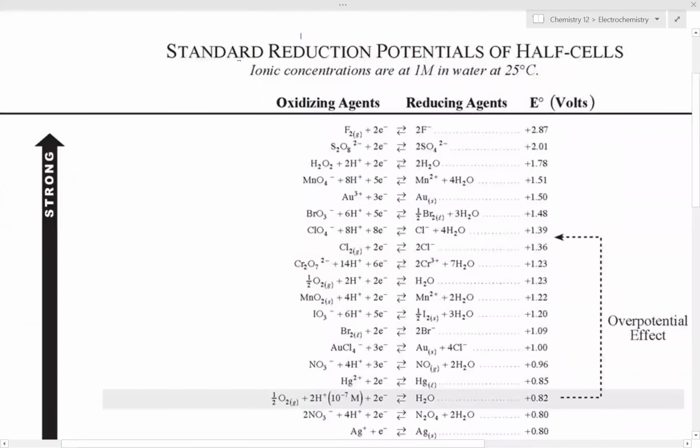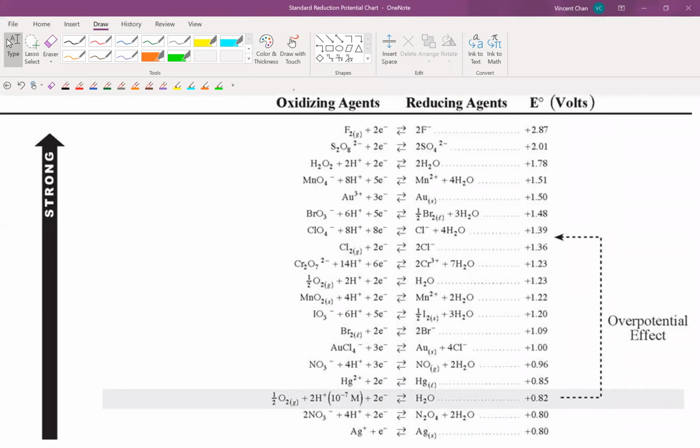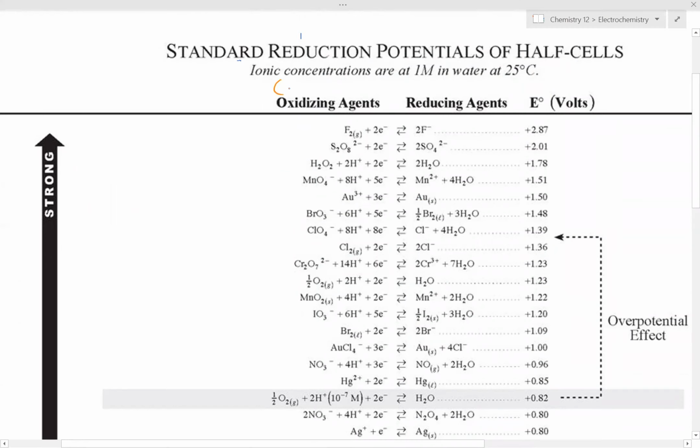But instead of talking about acids or bases, we talk about oxidizing agents and reducing agents. Remember, oxidizing agents are the species that get reduced, and we read it from left to right.